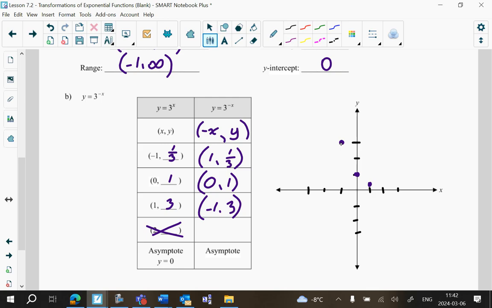Only time the asymptote will change with exponential is if there's a vertical shift, like we did in the first example. If there's no vertical shift, it stays always on the x-axis, y equals 0. It'll always stay there. And that's our graph.